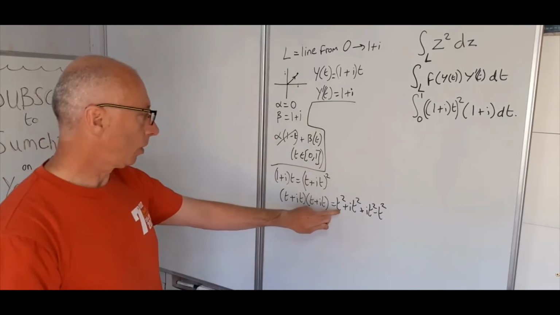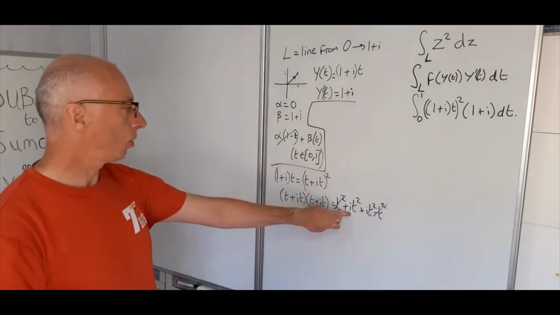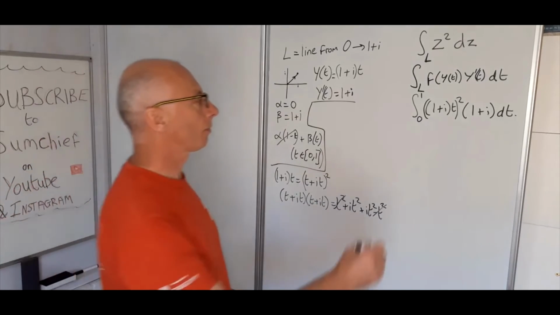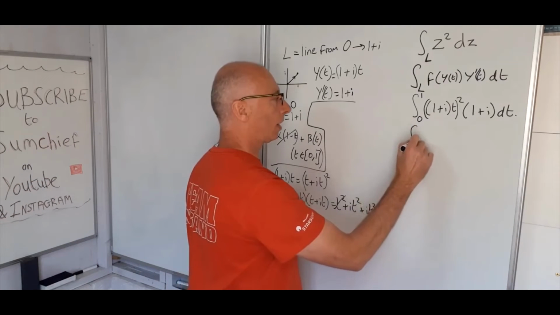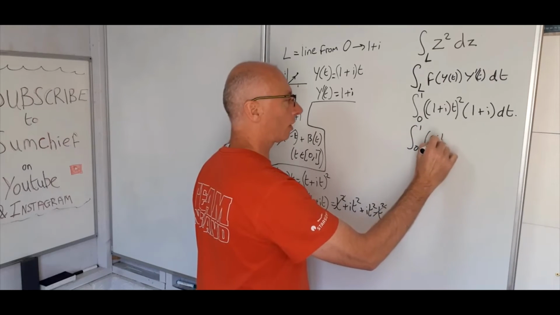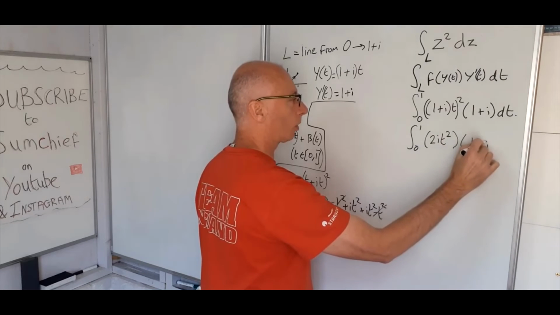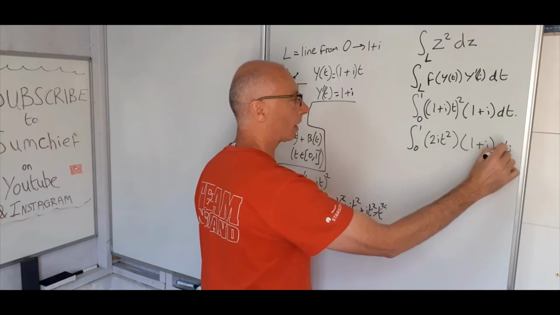So the t squareds will cancel out, and we'll be left with 2i t squared. So let's write that in there now, from 0 to 1, 2i t squared, 1 plus i with respect to t.